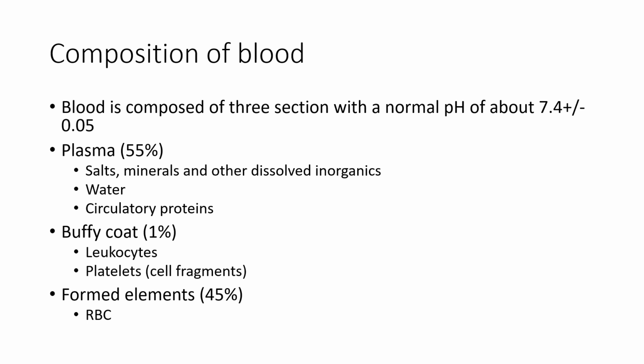Now, besides blood, in blood you do have a couple of different things. One of them is the plasma, and plasma is the fluid. It's made up of salts, minerals, any dissolved inorganics, water, and also circulatory proteins. If we were to take blood and spin it down, we can end up getting the plasma.